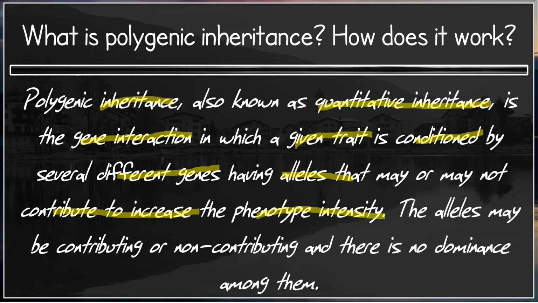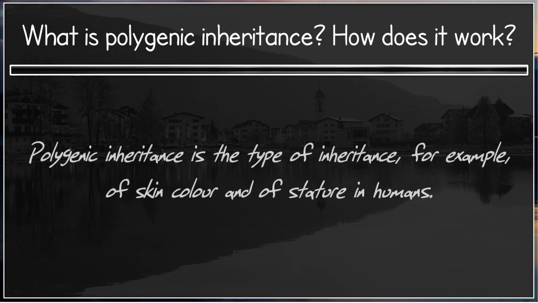The alleles may be contributing or non-contributing. There is no dominance among them. Polygenic inheritance is a type of inheritance, for example, of skin color and stature in humans.